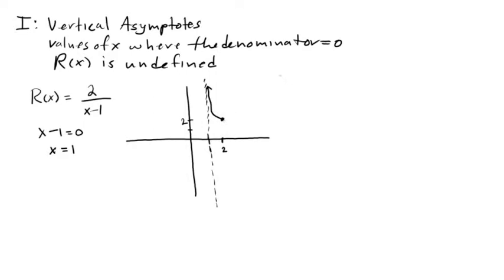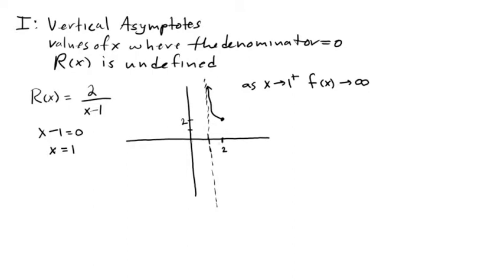So what this is telling me is that as x approaches 1 from the right-hand side, what happens to f of x? Well, f of x approaches positive infinity. Because as I get closer and closer to this line, the value of my function just gets larger and larger and larger.